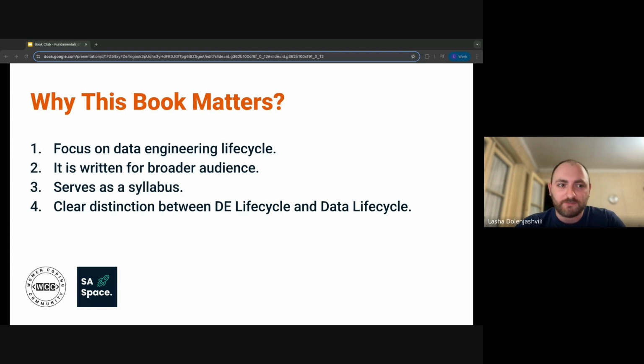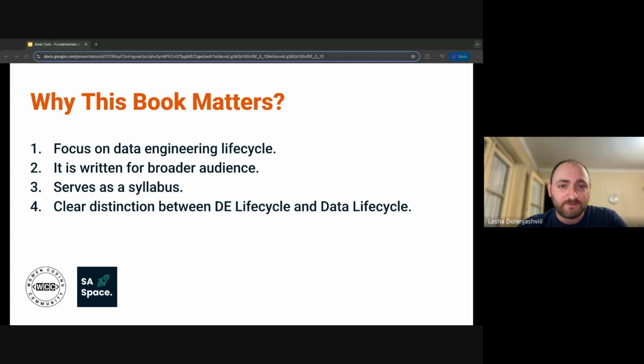Whether you are a software engineer moving into data, a data analyst looking to build more robust pipelines, or a manager trying to understand how your team works, this book provides a common language and framework. It helps to bridge gaps between different roles.